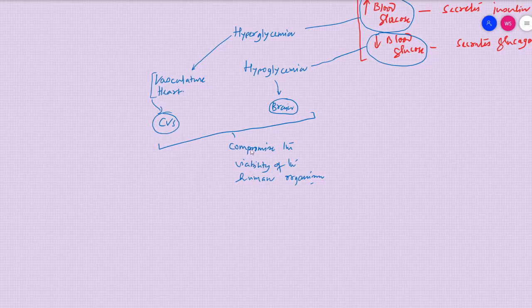Okay, what do we mean by compromise the viability? It means there can be increased morbidity and increased mortality. So that is why the body tries to maintain the glucose level within a very narrow range.